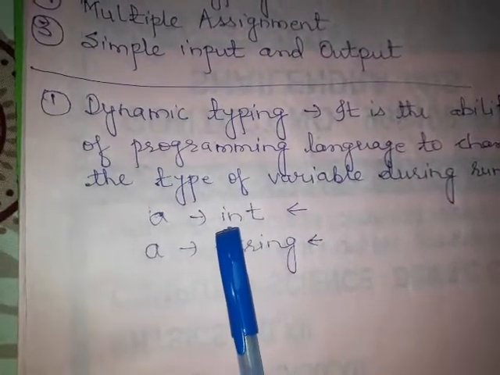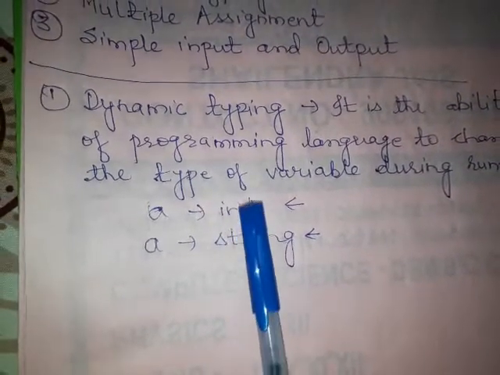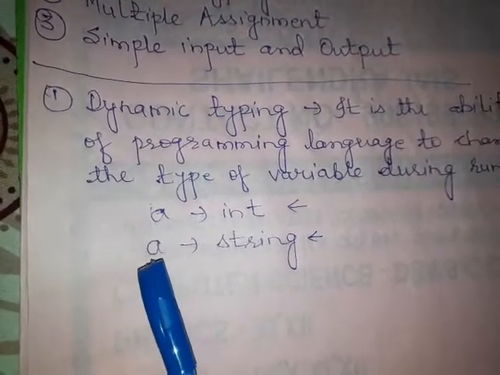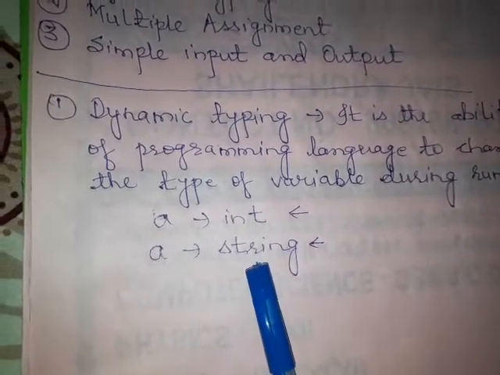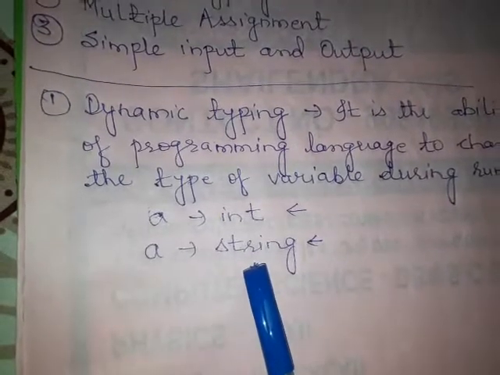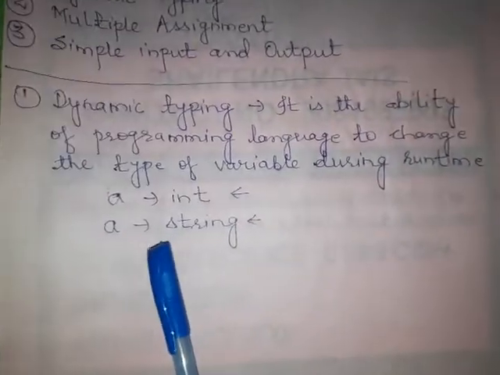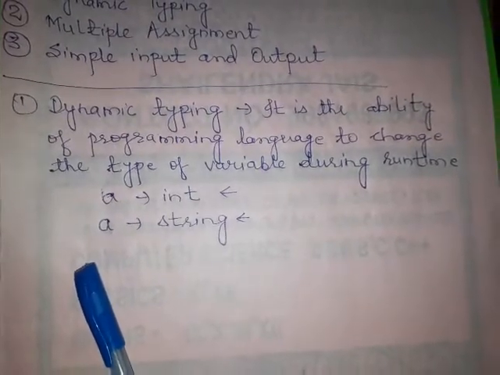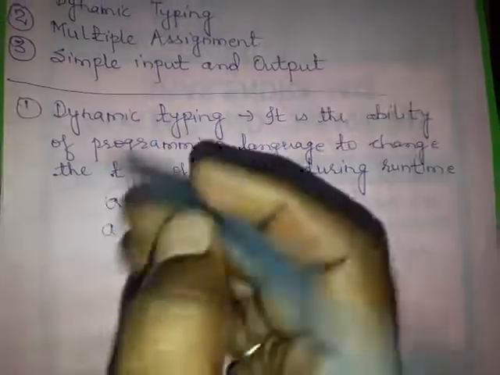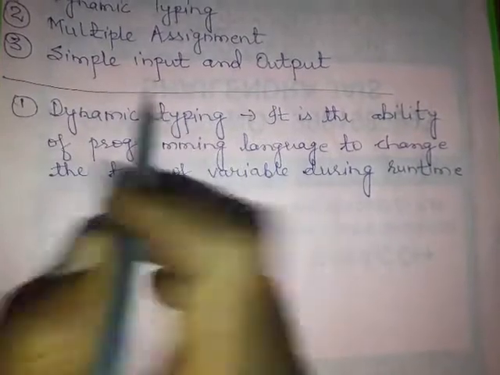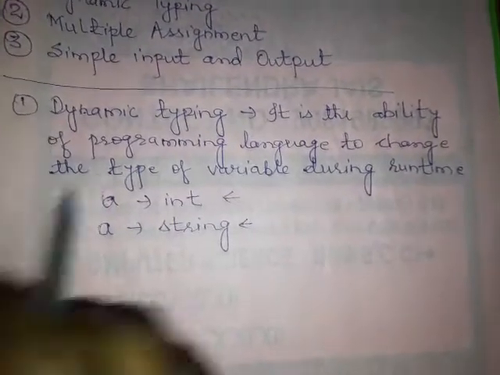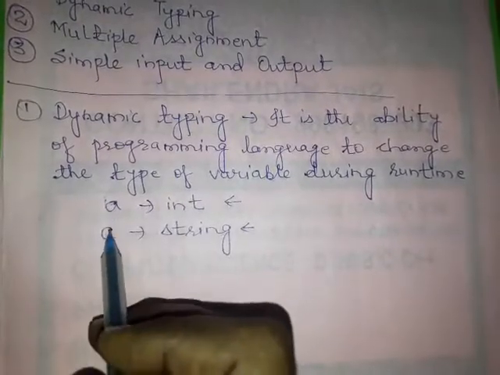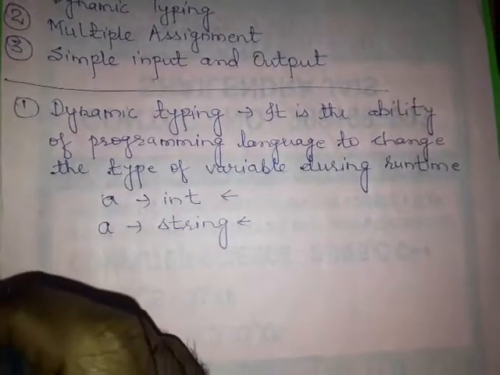Previously it is of integer type, and in the later part of the program you change the value of a to a string type, then your Python language will permit it, but other languages will not permit this special feature. So dynamic typing is a special feature of Python which permits a variable to change its type if you are using the same variable for different types of values in your program.